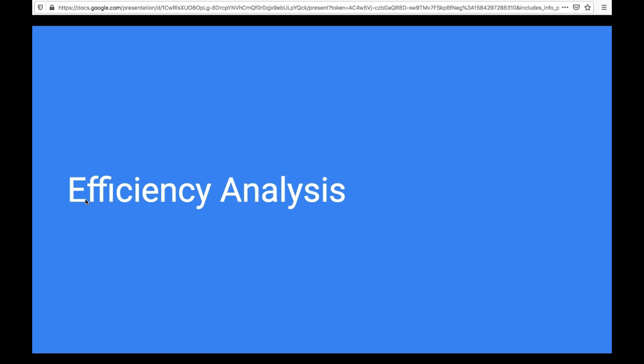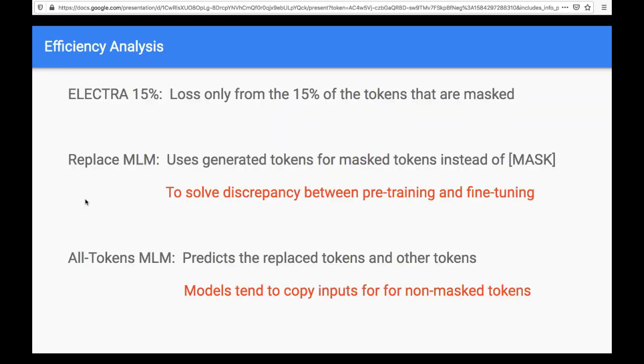So now we are going to enter a section where I will discuss why it is more efficient in terms of training parameters. There's a certain reason, and this is what we call efficiency analysis. To do the comparisons, it gets a little bit complicated, so you probably need to focus.